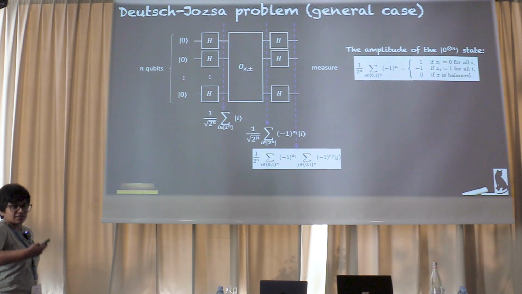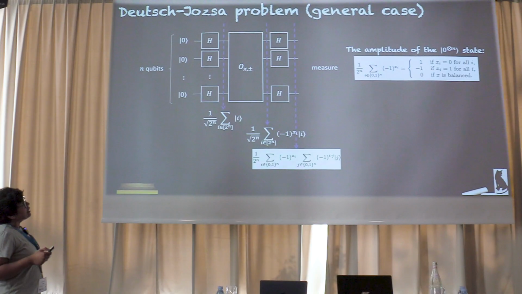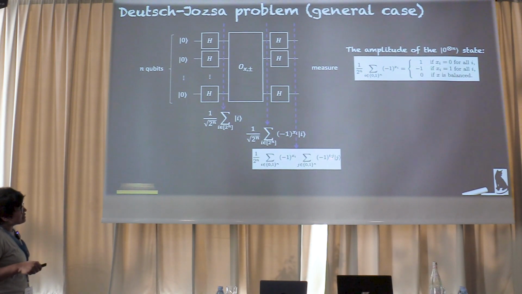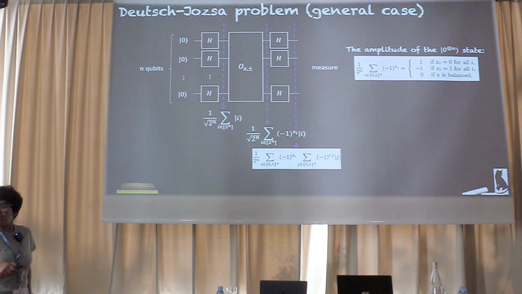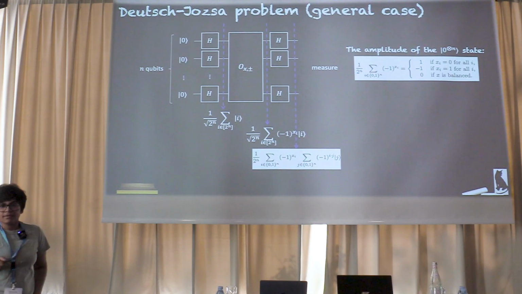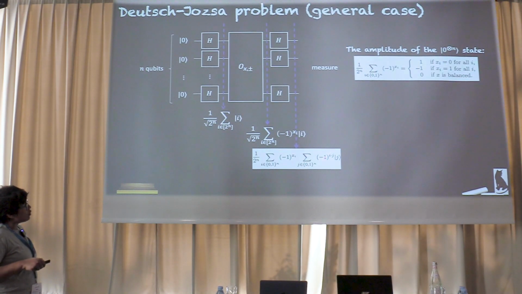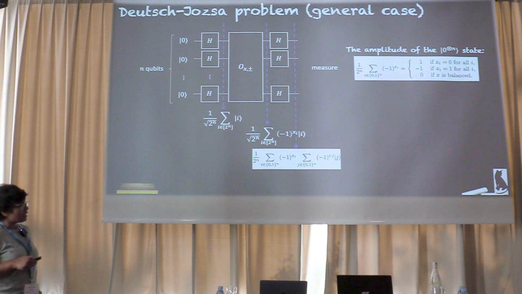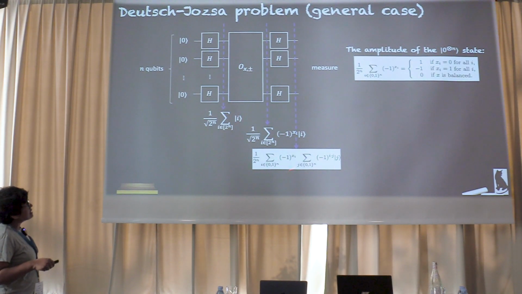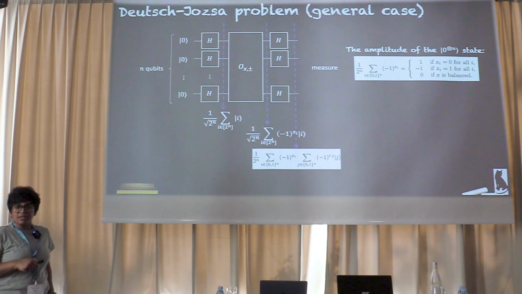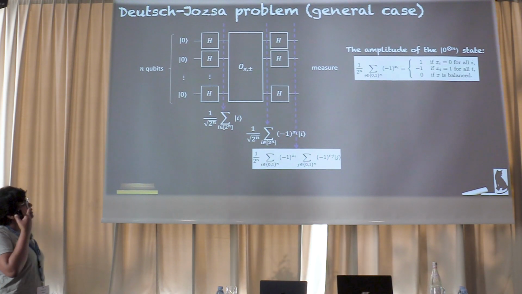We are just analyzing how much the amplitude is. Now, j is an all-0 string. So in a product with i, no matter what your i is, if you do it with an all-0 string, what do you get? 0, right? So this part becomes just 1. It's not interesting, and what is left is this value. So this is the amplitude on your all-0 string.